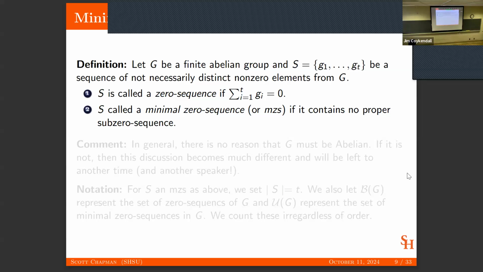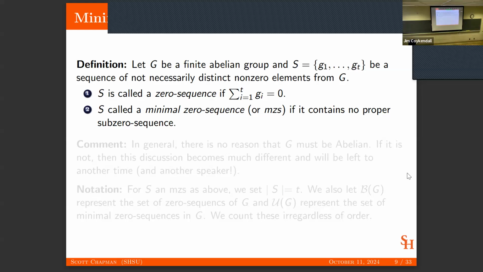Now, what I want to do is take what I did on the first couple of slides and do it in a little more generality. So here comes the definition. Take a finite abelian group, take a subset, and it's important that we're talking about sets here because I'll shift back and forth between sets and sequences, but in everything I do today, the order doesn't matter.